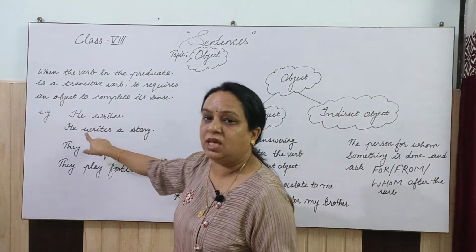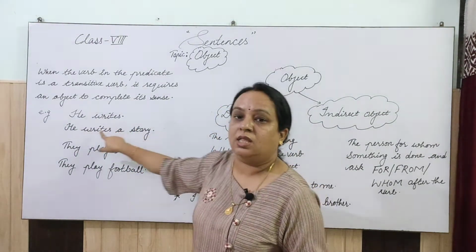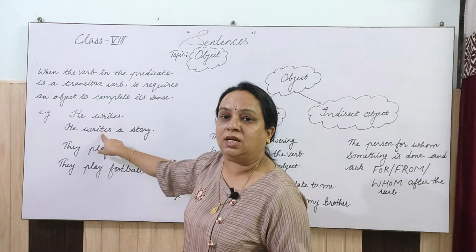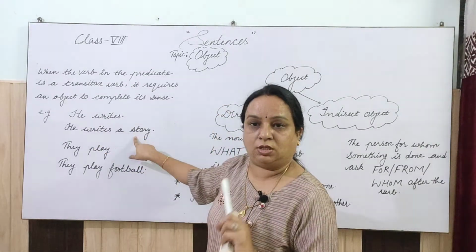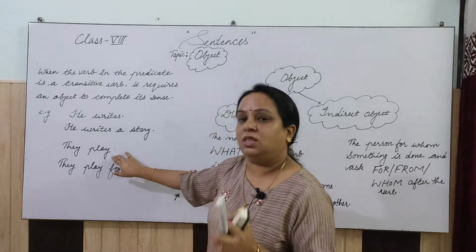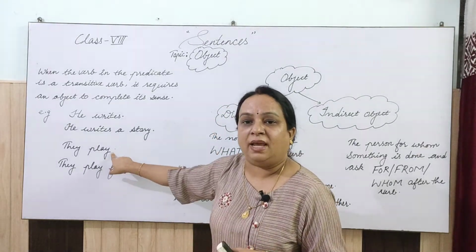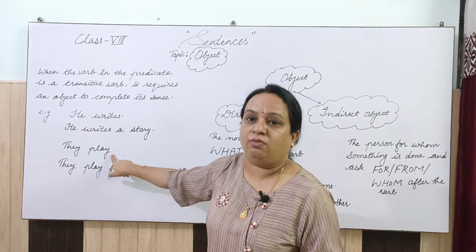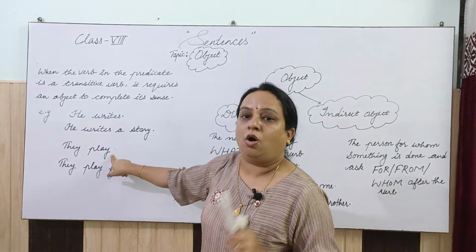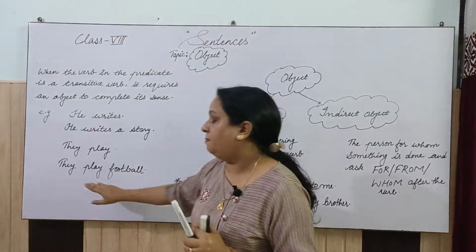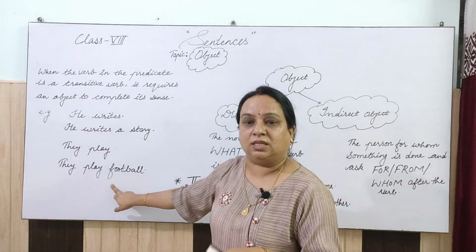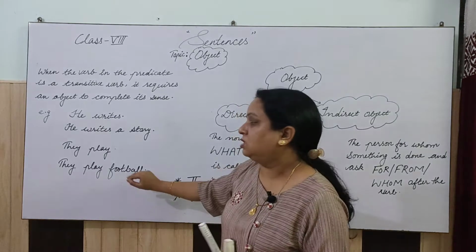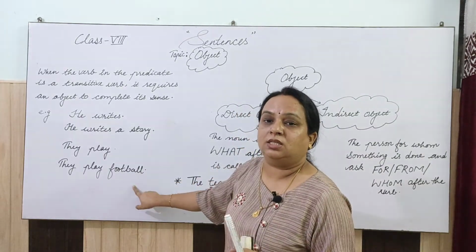But in the sentence he writes a story, the verb is transitive, because here we have an object. Same case here, they play. This play becomes an intransitive verb because it does not have an object. But in they play football, play is a transitive verb because there is an object, that is football.